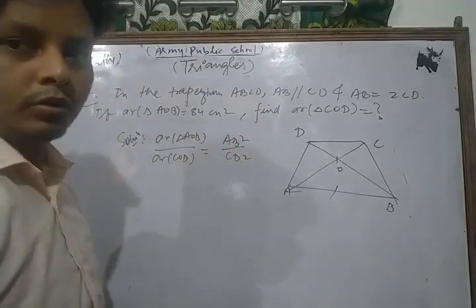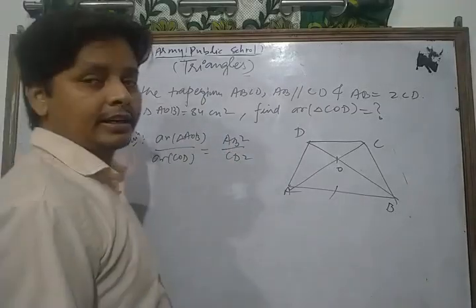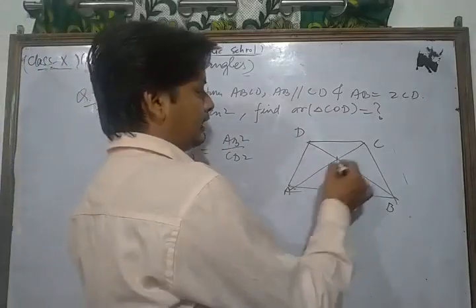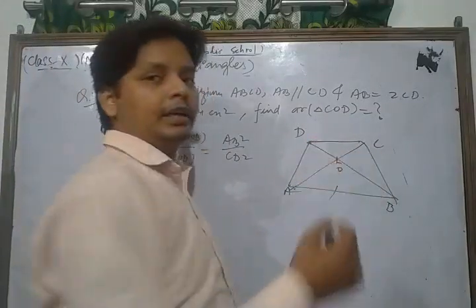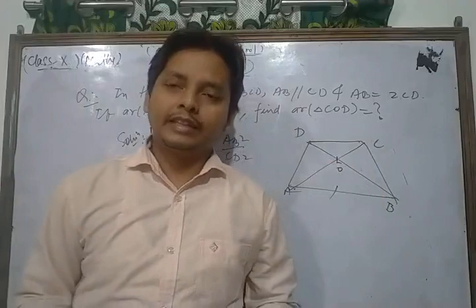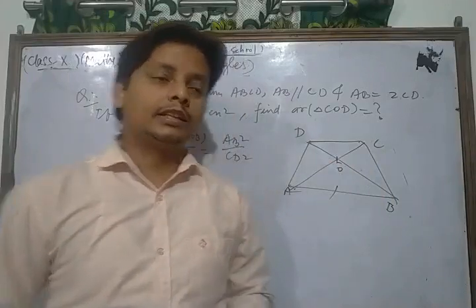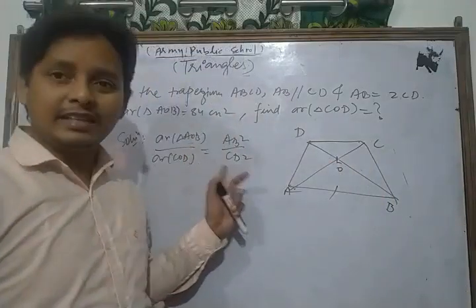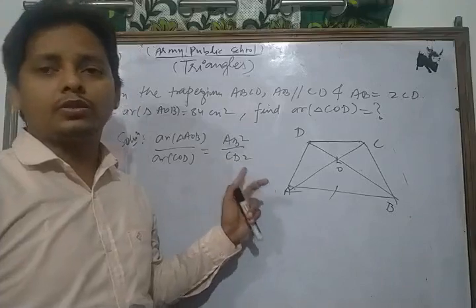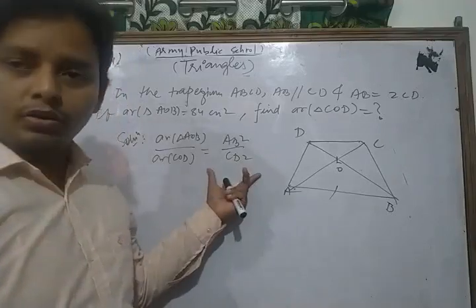Because triangle AOB is similar to triangle COD, the ratio of their areas is the same as the ratio of the squares of their corresponding sides. So we apply that concept.